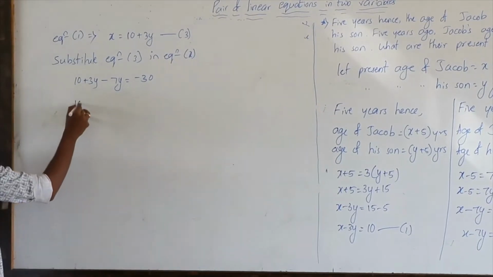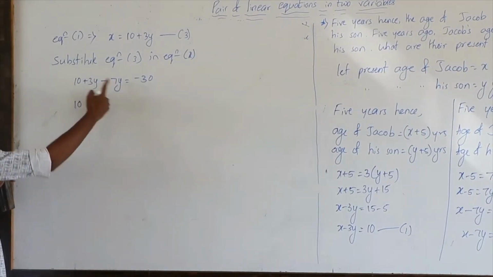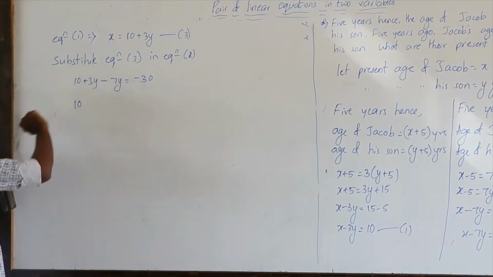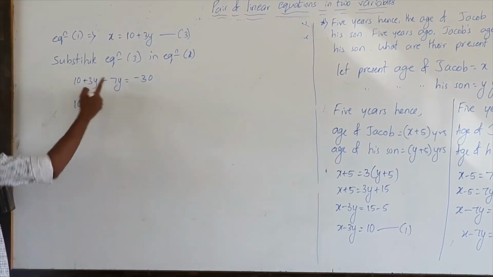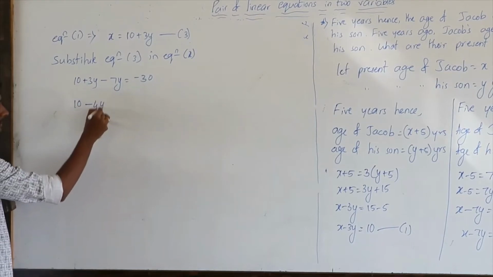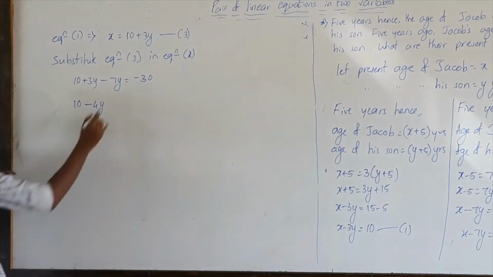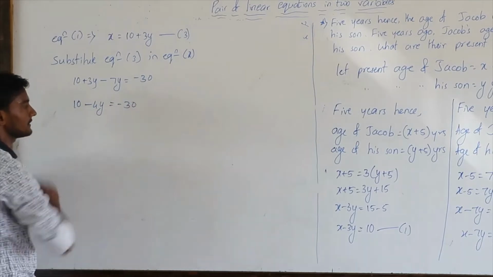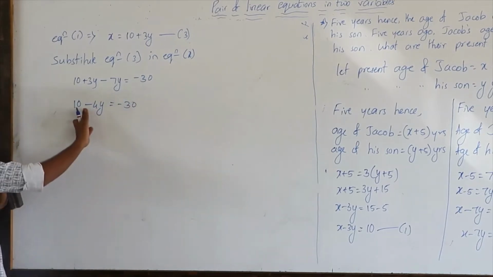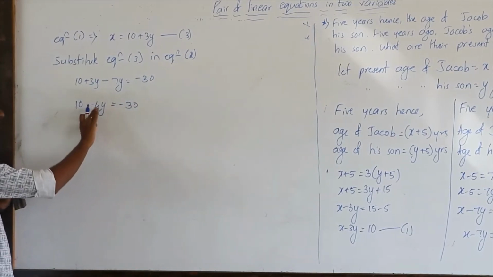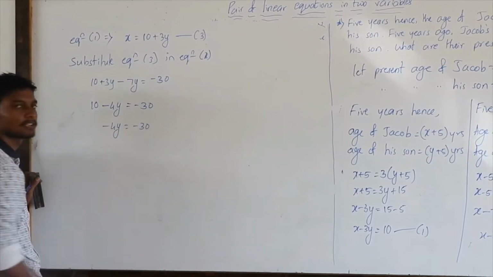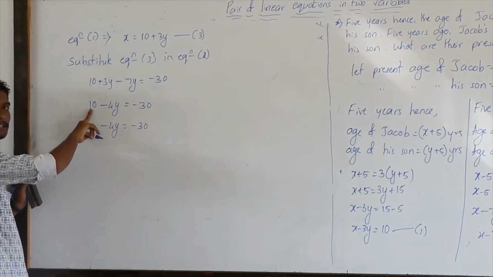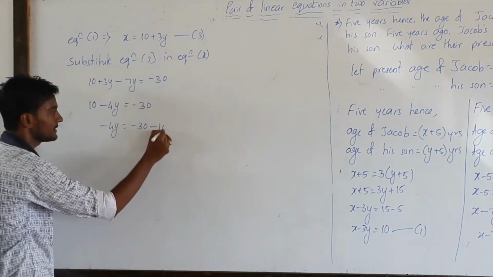So 3y minus 7y. One is plus, one is minus, so subtract them. 7 minus 3 is 4y, and the bigger number's sign is minus. Minus 4y is equal to minus 30 plus... this 10 if you move that side becomes minus 10.